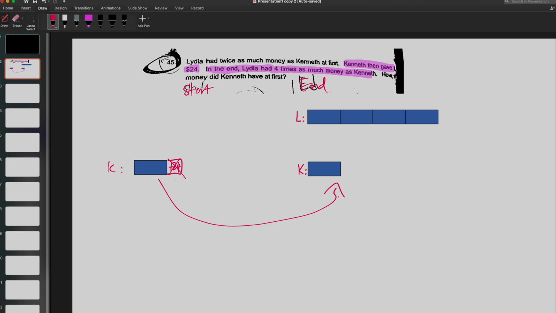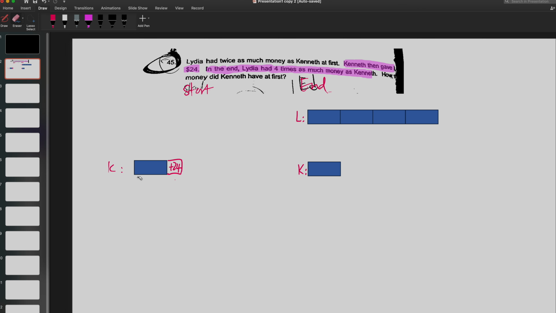So if we work from the back, in order to get Kenneth at the start, we need to add $24. I hope you have no problems with how to draw the model for Kenneth at the start. Kenneth at the end is 1 unit or 1 rectangle. At the start is 1 rectangle plus 24 because Kenneth gave away 24 to Lydia.